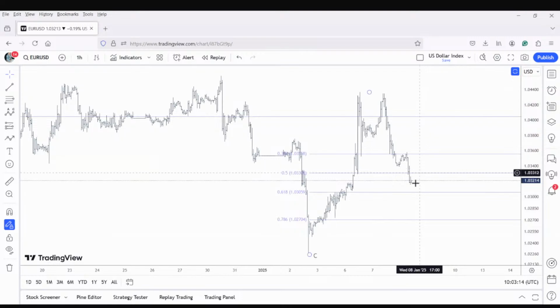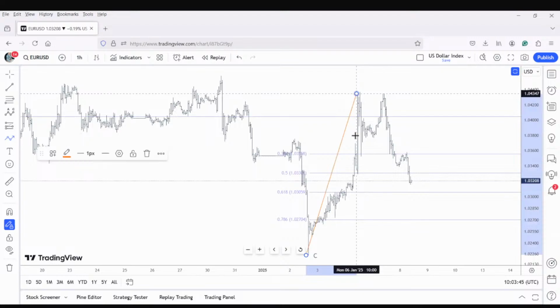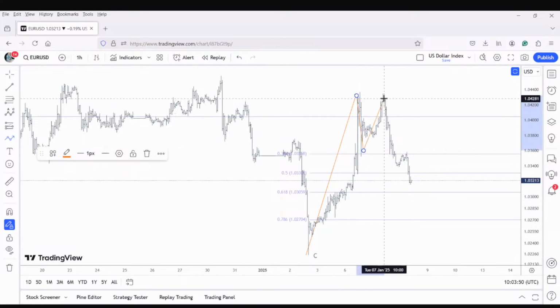It's still just shy of the 61.8% retracement. That could drop slightly lower towards 1.0307 if it wants to test exactly the 61.8%. Otherwise, in terms of the counts here, we are neatly poised with the first impulse followed by a corrective decline, ABC up there.